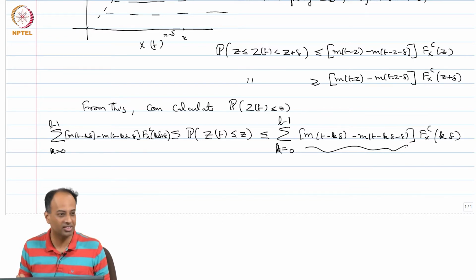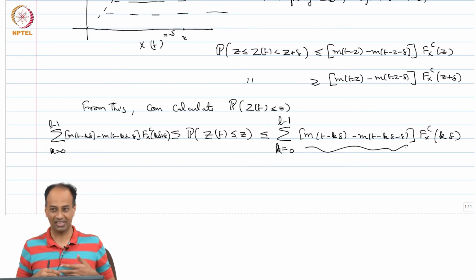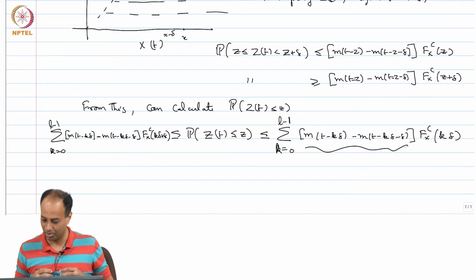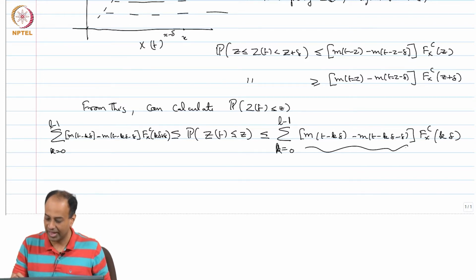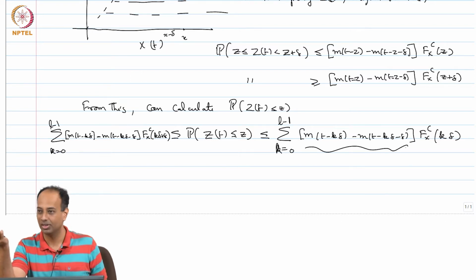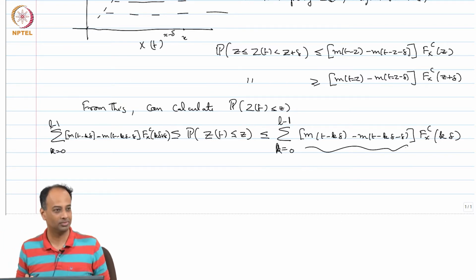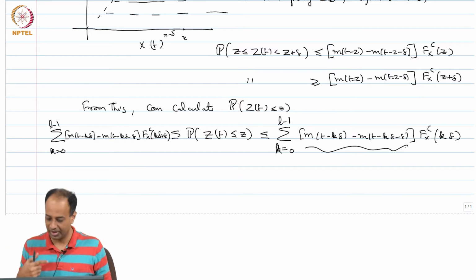Have you heard of a Stieltjes integral? This is what it is. If you send delta to 0, you are basically integrating a function, f_X complement in this case, with respect to some function m of tau, or m of t minus tau, whatever. So, instead of just delta, if you take m as the identity function, for example, you will have a Riemann sum, but m is not the identity, m is some function, so you get the so-called Riemann-Stieltjes integral.